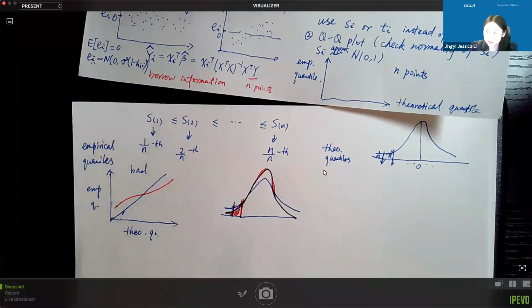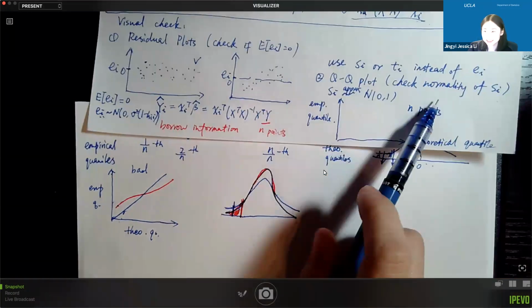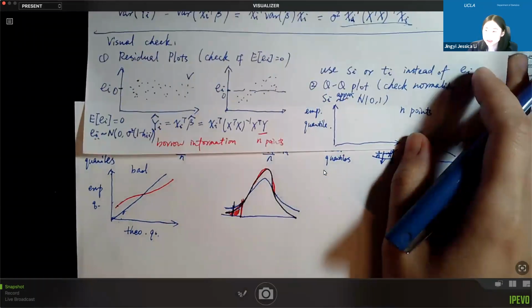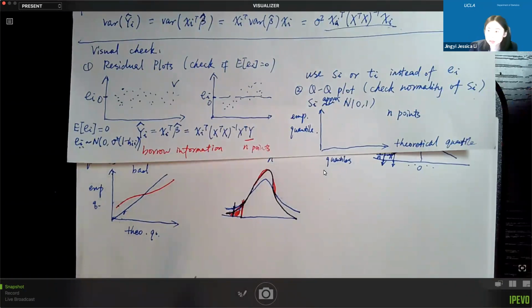Okay, so I hope that's clear. And also there are some tests to check whether normality is a good distribution. For example, we know a general test to check whether data fits a certain distribution is the Kolmogorov-Smirnov test, short as KS test.